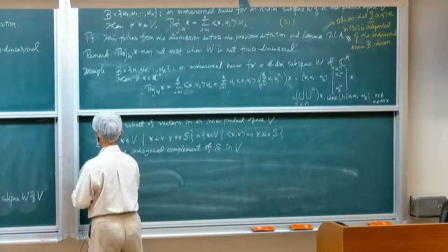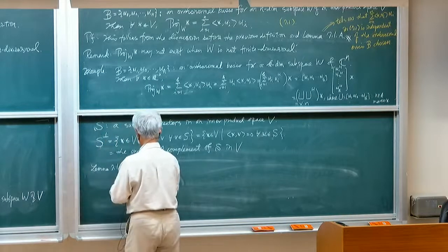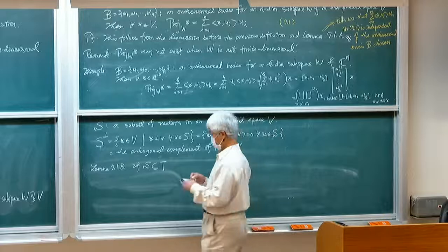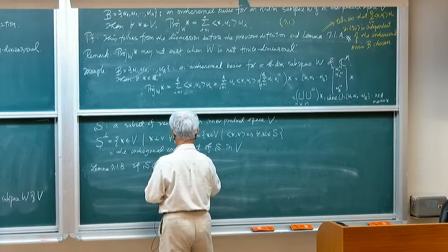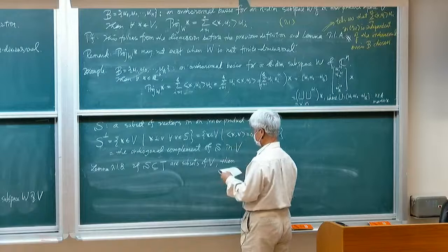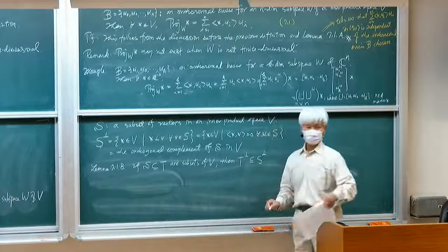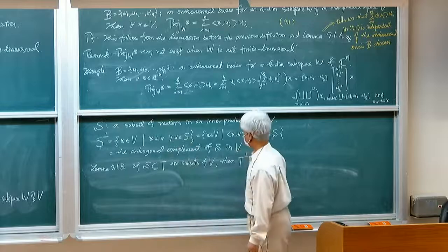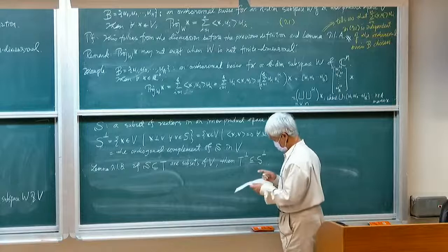All right, and so we have a lemma. If T is a bigger set, then the orthogonal complement is smaller. Why? Because you have more vectors to check, right? So obviously this is the case.